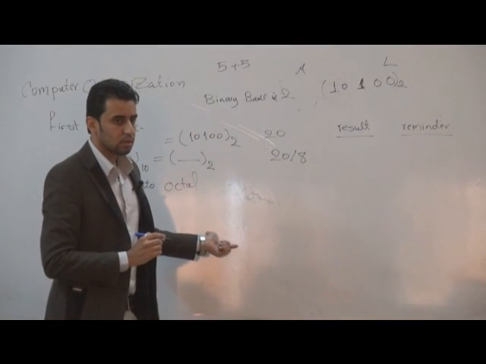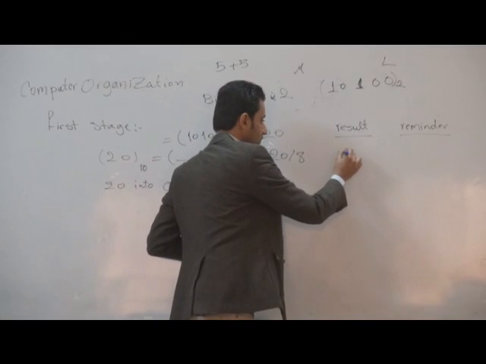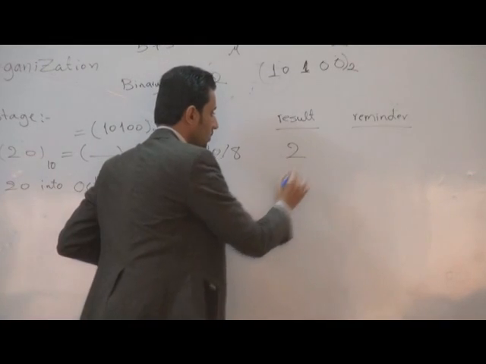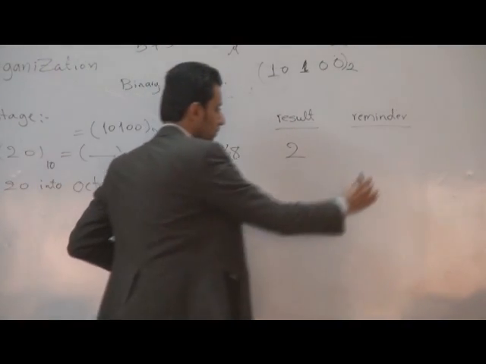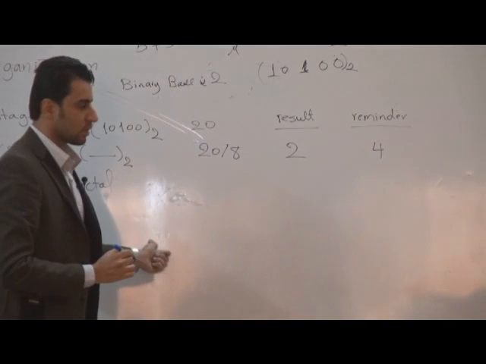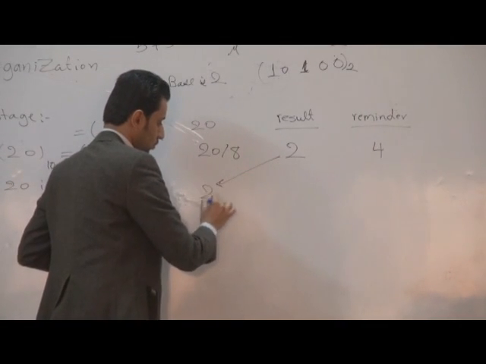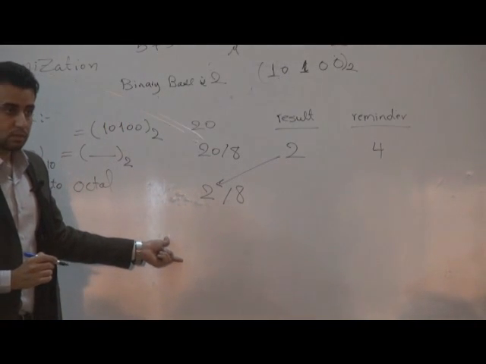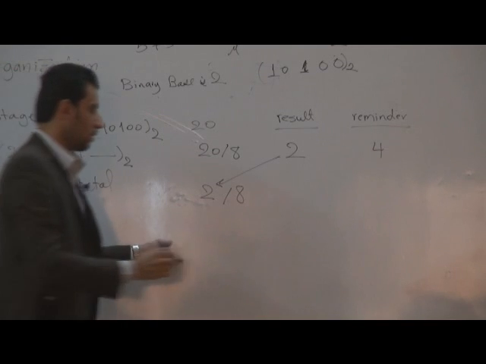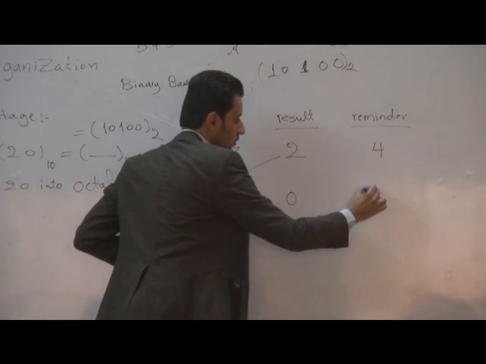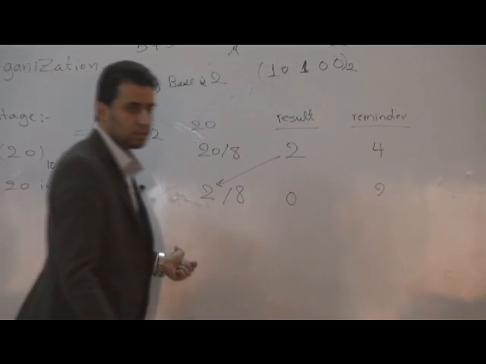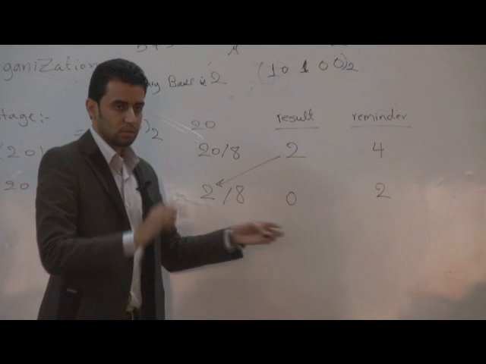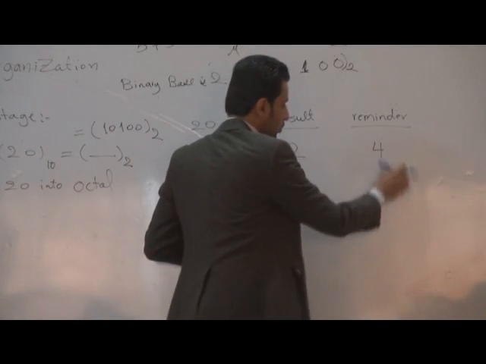What is the result? 2. What is the remainder? 4. Now we take the result: 2 divided by 8 is 0. Okay. What is the remainder? 2. We reach 0, so we stop. So we have 2 digits.